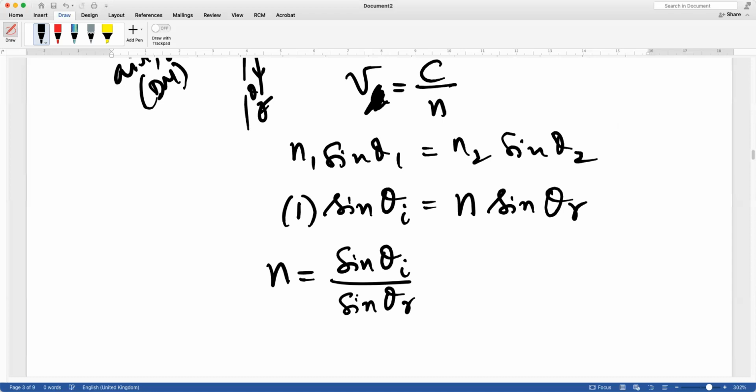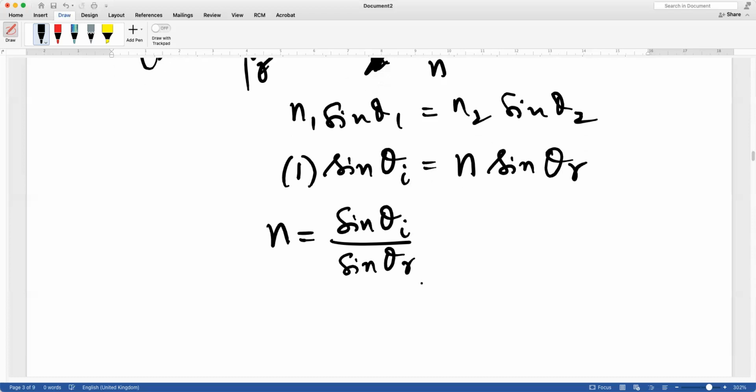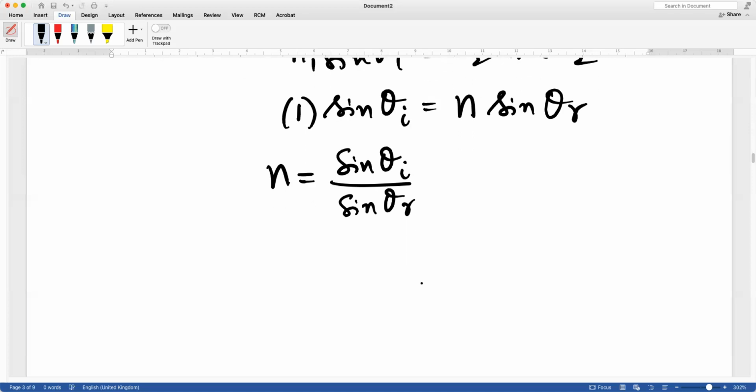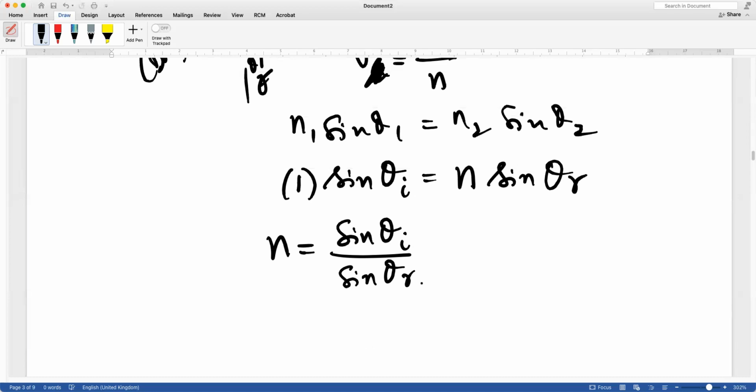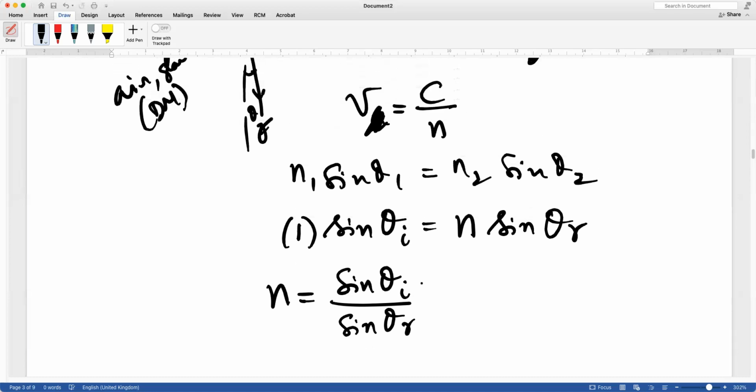But if it is not a vacuum, then we should not substitute the 1 here. It'll be N1 and N2, and that will be the ratio between the one and the other.